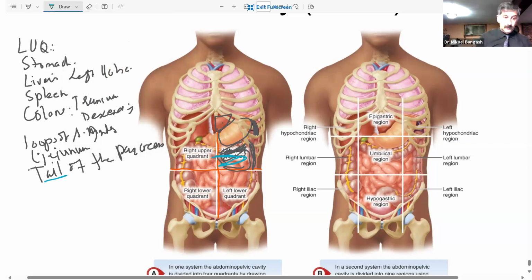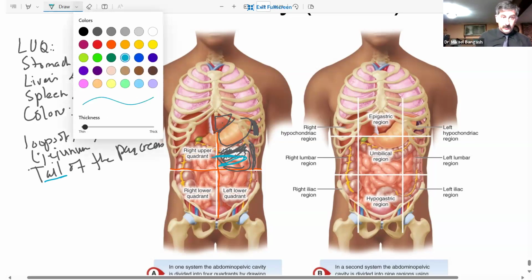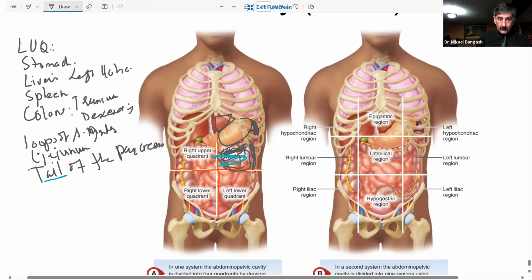Even deeper, up against the posterior wall of your abdominal cavity, is going to be the left kidney.